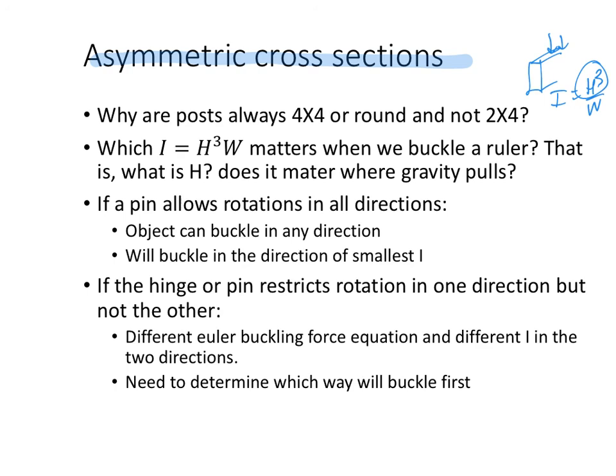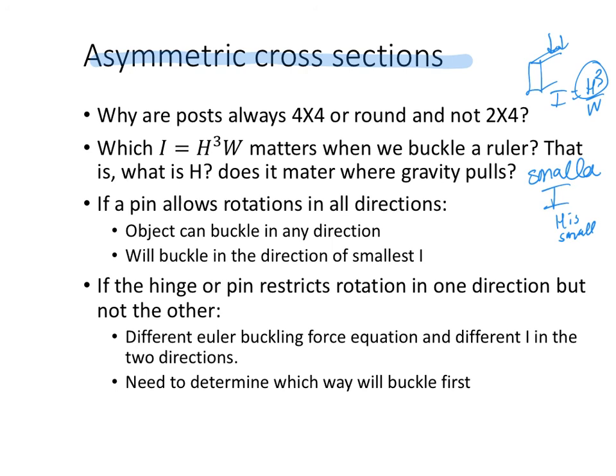So what's clearly happening is it always wants to buckle in the case of the smaller I, that is the one where h is small and w is big, because h is the one that's cubed. You really want to push to minimize that in order to minimize y.